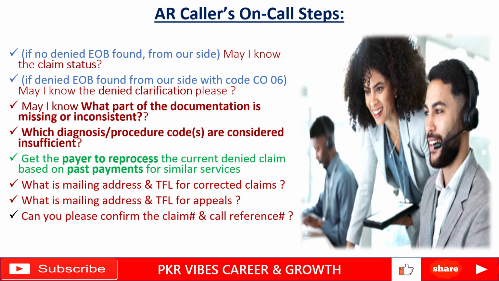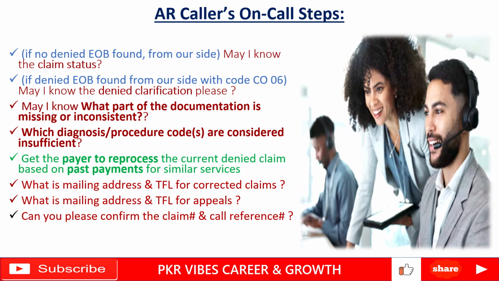In our case mostly it is a procedure code, but sometimes it is a diagnosis code. This denial stands for procedure code inconsistent with patient age, but if you go deeper into medical necessity, it might sometimes be a diagnosis code. So it is better to clarify from our end as an AR caller which part of the documentation is inconsistent with the patient age.